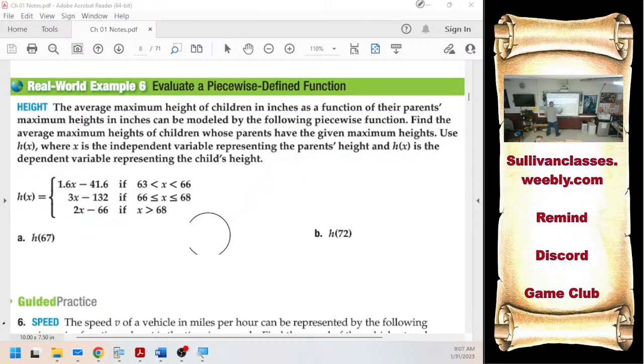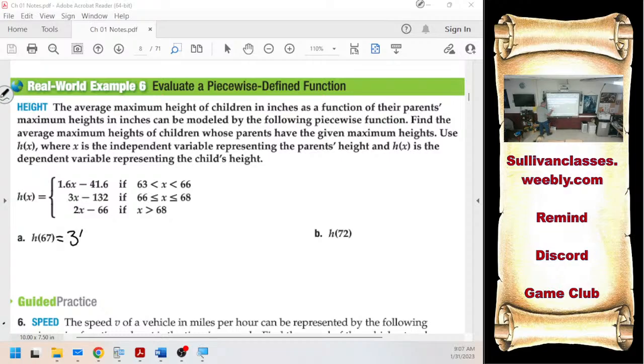So, yeah, there's a bunch of words up here. Blah, blah, blah. I don't care. H of 67. Which of those three rules am I going to use for this? Second rule, right? 67 is from 66 to 68. So I'm going to put 67 in there.